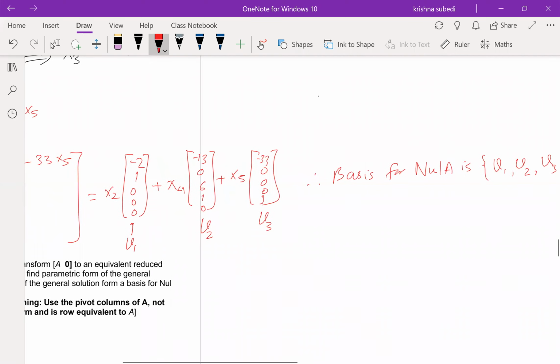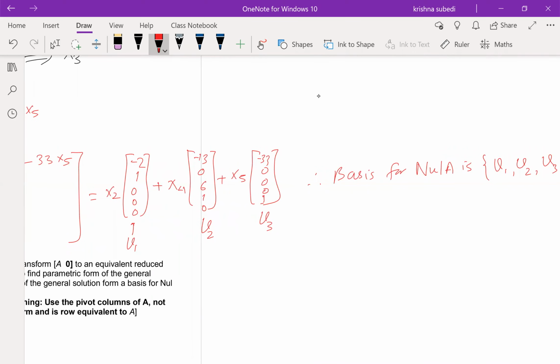Now, you can easily prove that they are linearly independent and they span the null space. They are automatically linearly independent and span the null space, so they are the basis for the null space. That's how we calculate the basis. Any question, guys?